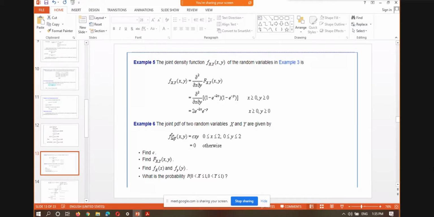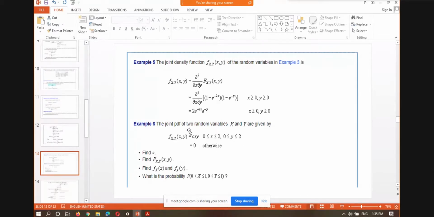Now, in example 6, the joint PDF of two random variables x and y is given here. The joint density function of the two random variables x and y is f of xy (x, y) = cxy for x between 0 and 2 and y between 0 and 2, and otherwise it is 0. So if x is less than 0 or greater than 2, it is 0, or if y is less than 0 or greater than 2, it is 0.